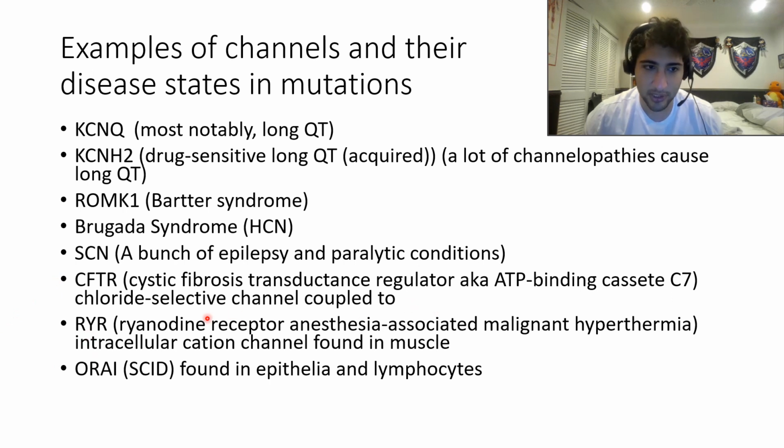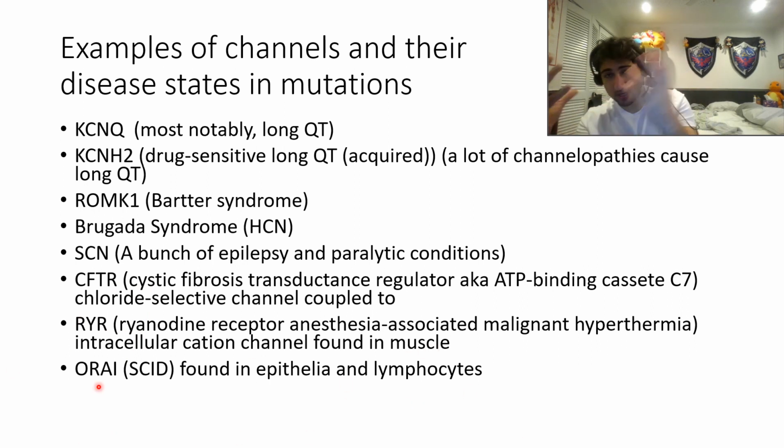Ryanodine receptors are intracellular cation channels found in muscle, and mutations in these are associated with anesthesia-associated malignant hyperthermia. And for severe combined immunodeficiency, there's the ORAI channel, important in the maturing of the lymphocyte, and defects in this channel can cause immunodeficiency because lymphocytes don't function.